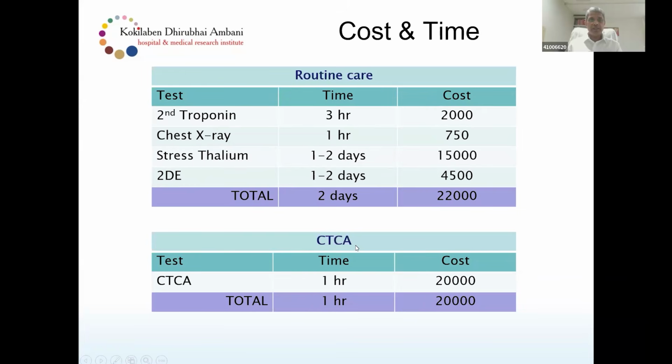But if you do a CTCA, it costs 20,000 rupees. So it is more time effective and cost effective with acceptable radiation exposure, and gives very valuable information about the existence of coronary artery disease or not.